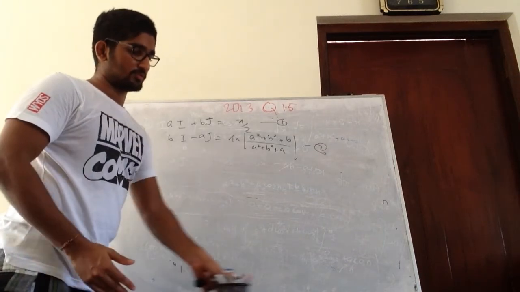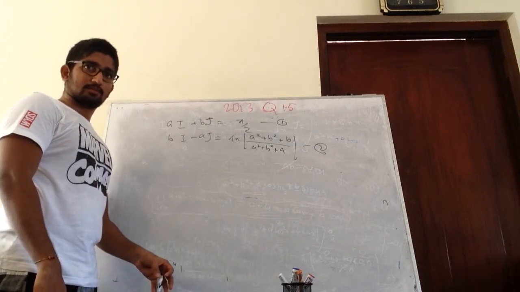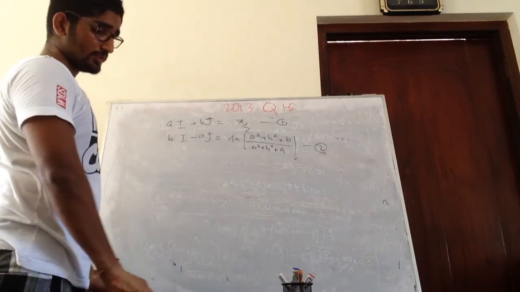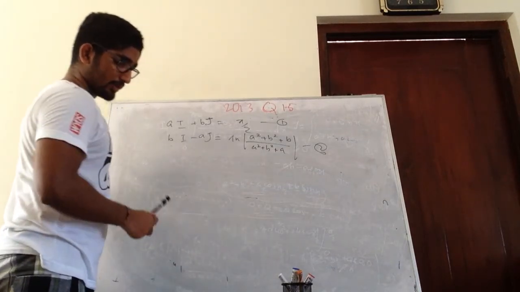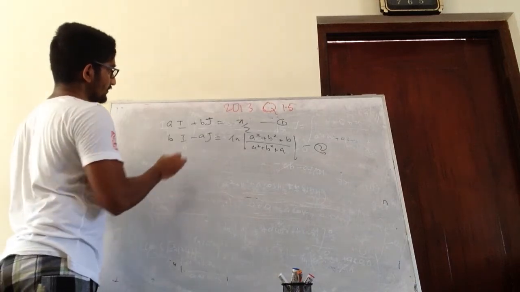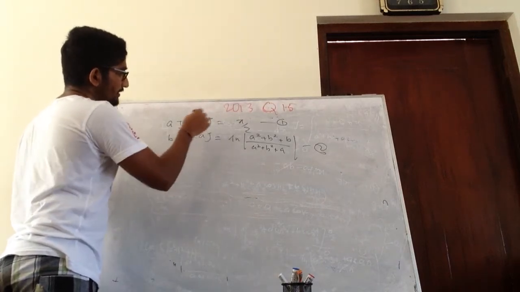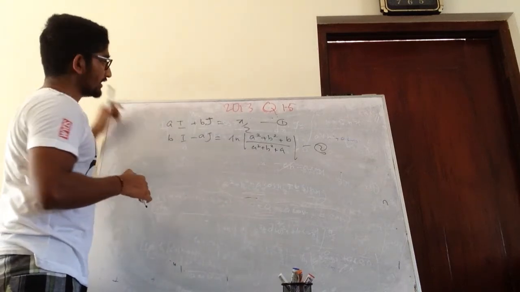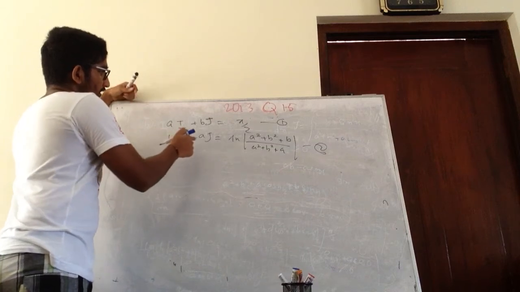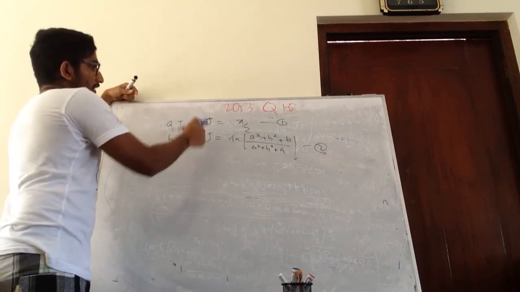It's basically now O-level simultaneous equations. So what do you do? First of all let's eliminate J. If we eliminate J, I am going to multiply the first by a and the second by b and add it up.